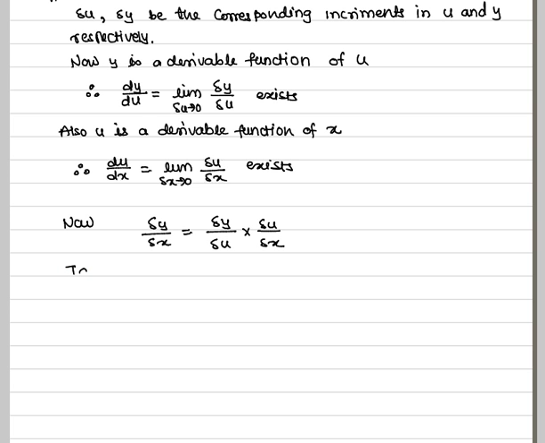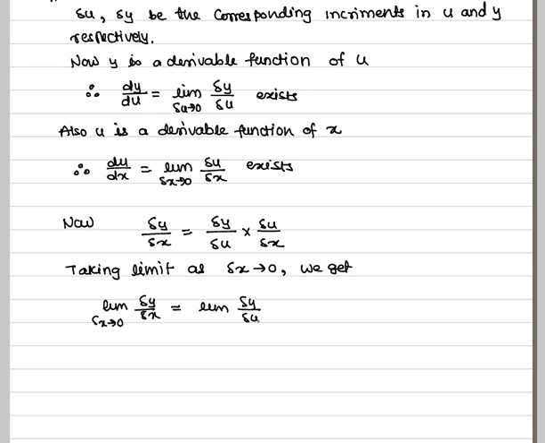Now taking the limit as delta x tends to 0, because we have to find the derivatives, we get on both sides the limit of delta y by delta x as delta x tends to 0. Now take the limit of each term on the right side: the limit of delta y by delta u as delta x tends to 0, into similarly the limit of delta u by delta x as delta x tends to 0.